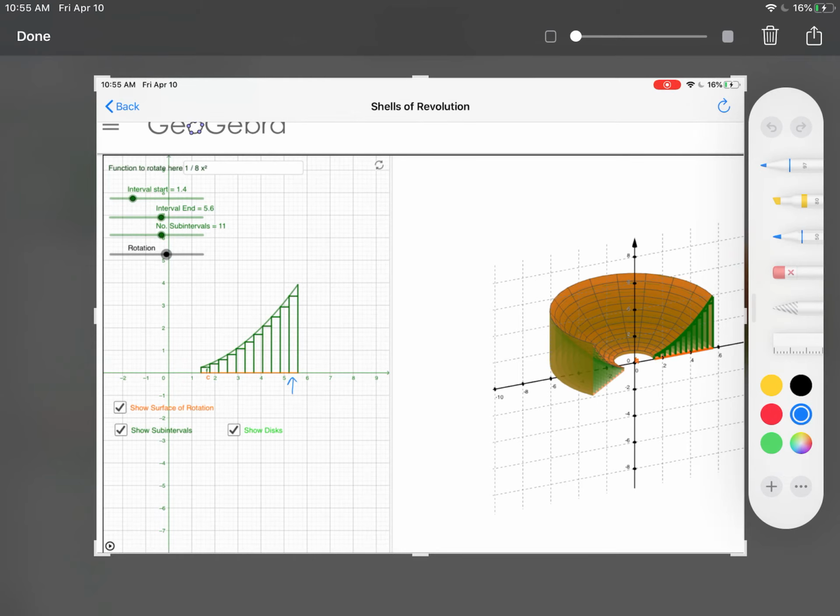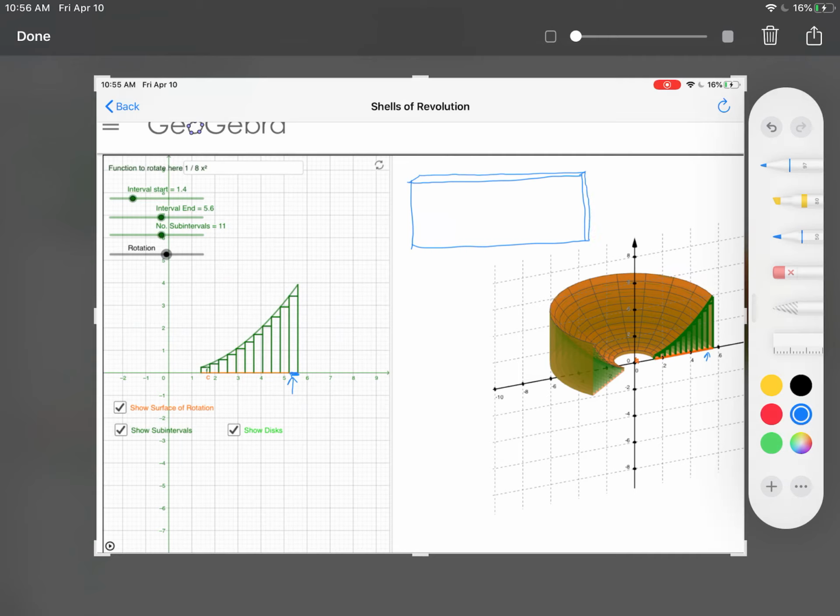Let's look at this outer rectangle here, which could be wrapped all the way around. If we unwrap that, we would have this large rectangular prism that's not very deep at all. It's actually the thickness of this rectangle right here.